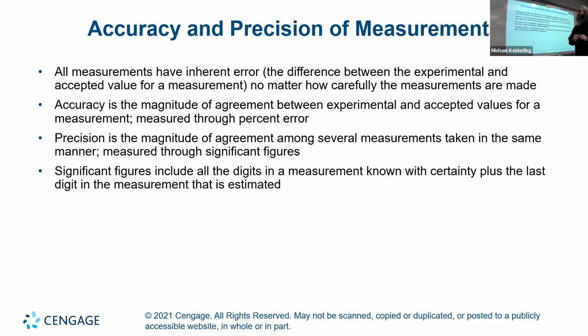If you were firing bullets at this, it would be very precise, but not very accurate. All of your shots are very close together, but you're missing your target. This would be something that's not very precise, but is very accurate. Your grouping is centered perfectly around the bullseye, but it varies a lot. And we express precision through significant figures and accuracy through percent error.